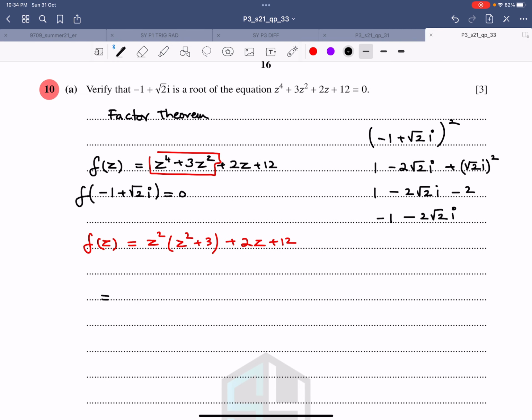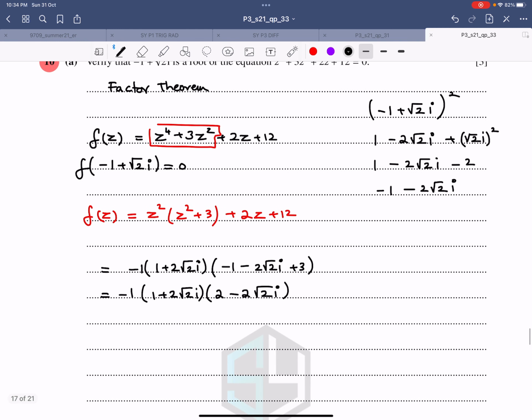So therefore this is negative 1 plus 2 root 2i, I've written it like this. And over here, for z square, I'll write minus 1 minus 2 root 2i, plus 3. So therefore this is negative 1 on the outside, 1 plus 2 root 2i, and this is 2 minus 2 root 2i. Simplify it further.